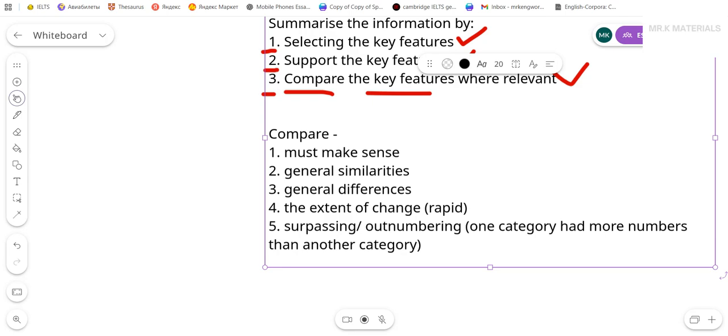The rough translation here would be "qaysi kategoriya boshqa kategoriyadan oshib ketdi", "когда одна категория начала опережать другую категорию". Именно опережение. I try to focus on them as well when comparing, only if they are very noticeable.